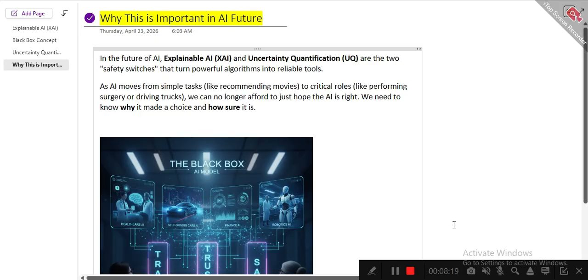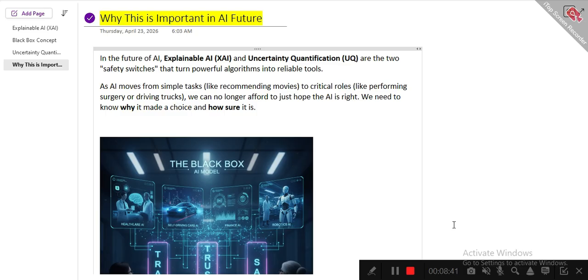So why is this important in AI's future? In the future of AI, explainable AI and uncertainty quantification are the two safety switches that turn powerful algorithms into reliable tools.